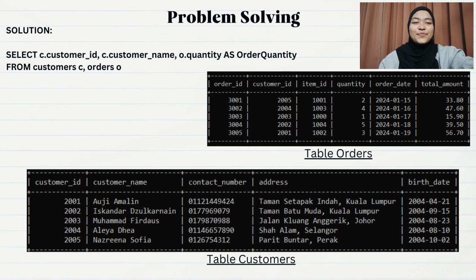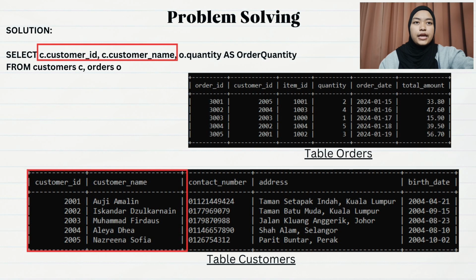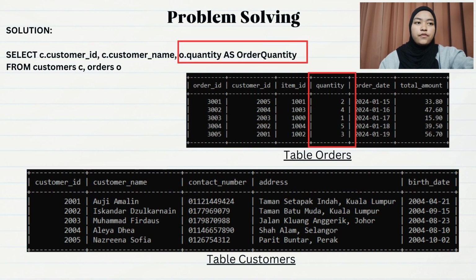Select C.customer_ID, C.customer_name, and O.quantity as order quantity from customer C and order O. That means we use two tables, customer as C, order as O. Customer ID and customer name we take from the customer table and quantity we take from the order table. And we rename the quantity as order quantity in the output table.